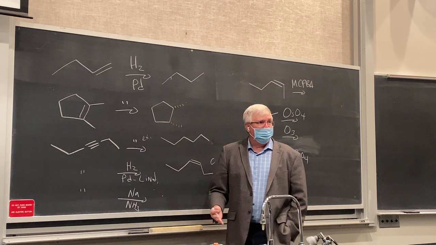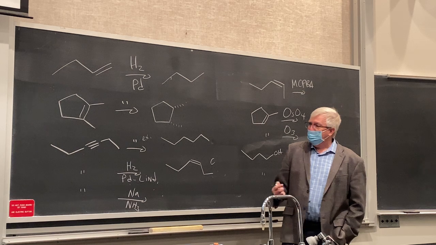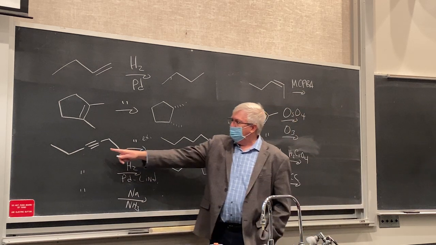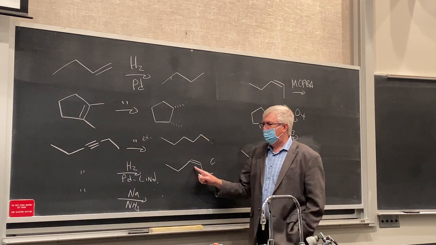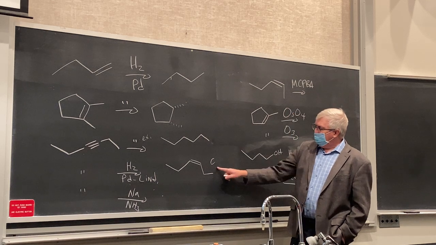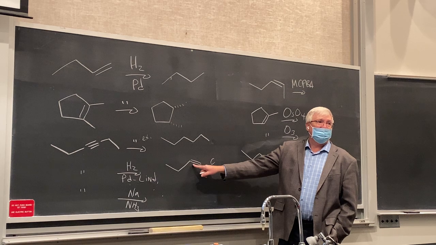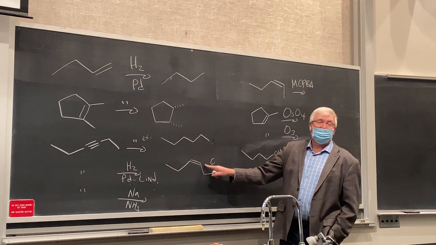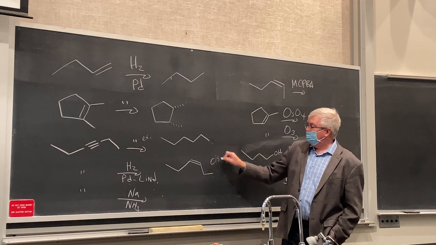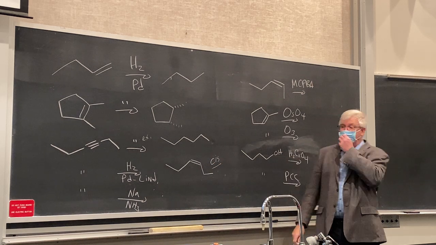Not going to get into the mechanism a lot there, but that first addition to an alkyne is fast, okay? If you blast it and heat it up and pressurize it, you can get the Lindlar poison thing to actually go to the alkane. But preparatively, what we're interested in is stopping at the cis there. That's the useful thing, okay?